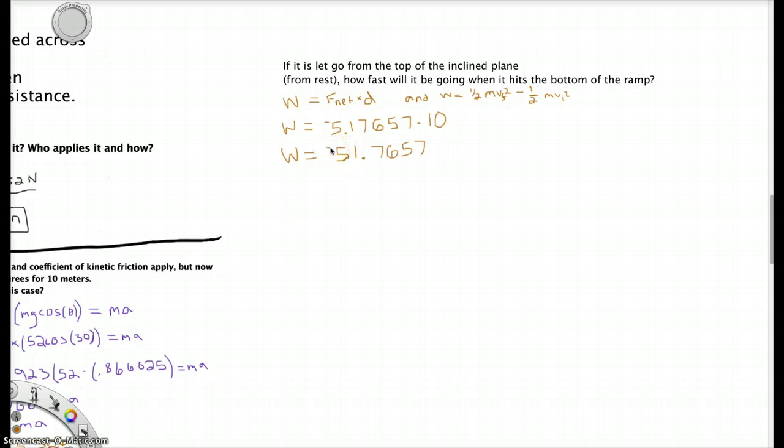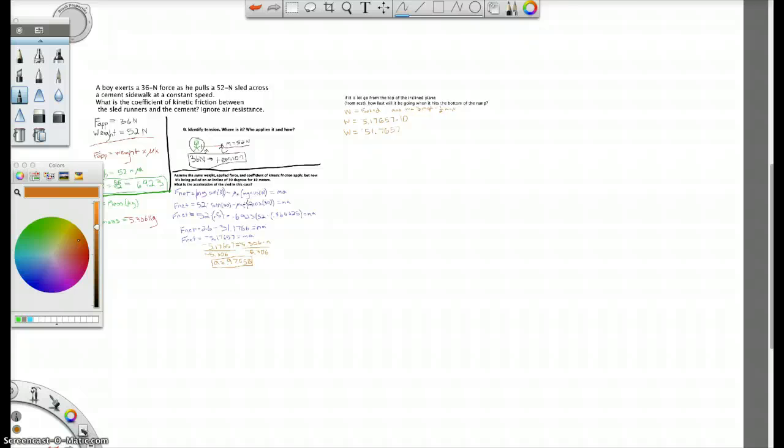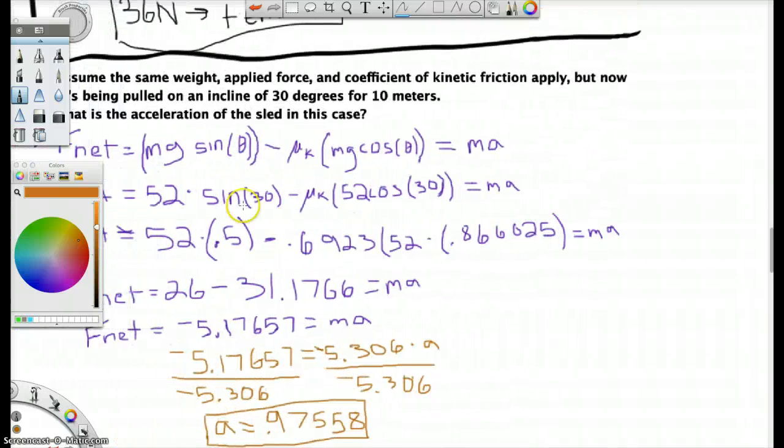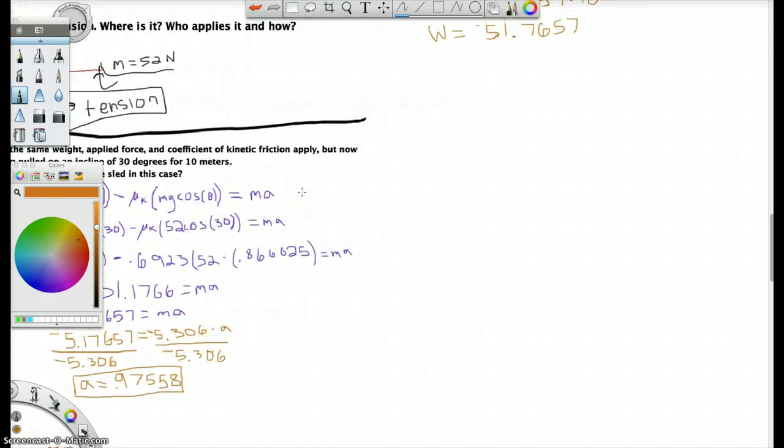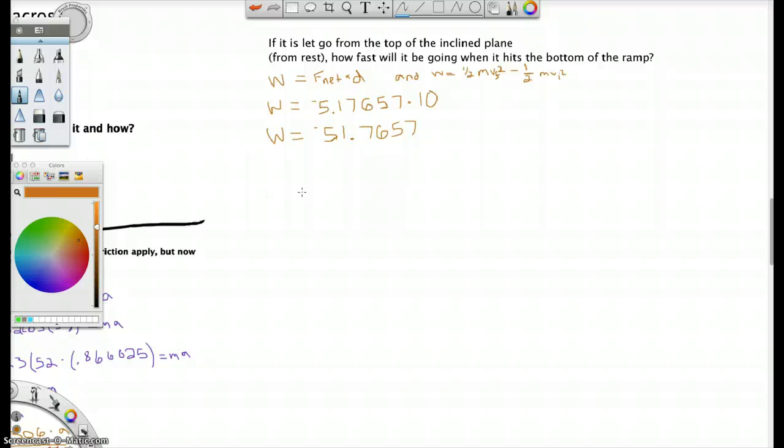Now, when I was calculating, way back here, I told it that when the object would be moving down, it would actually be going up, and therefore the negatives are screwed up a little bit. But as long as they're opposite, in the end it will all work out.